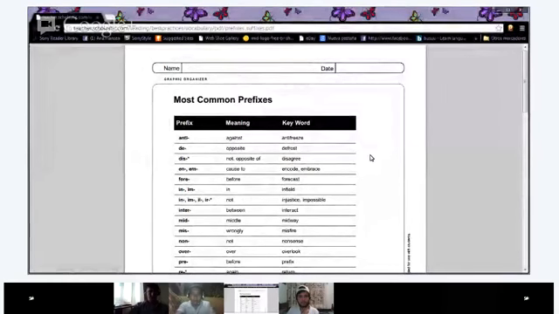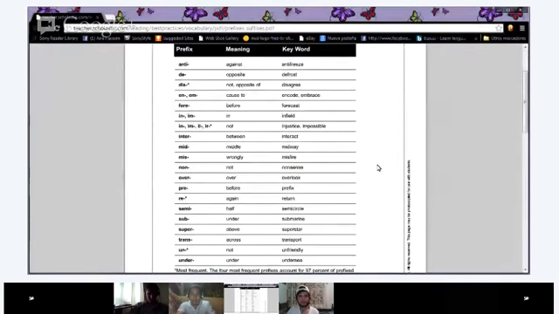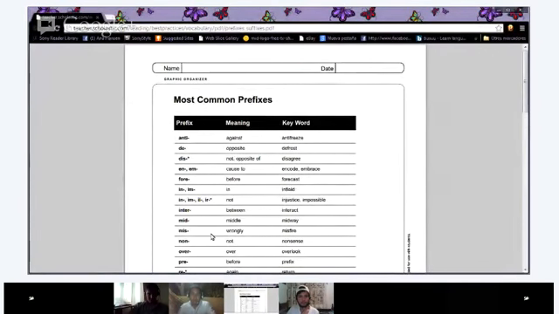Go ahead and open that up. This is a list of the most common prefixes and suffixes. We're going to read through these, about 4 each, and then I have some practices that we're going to go through together.